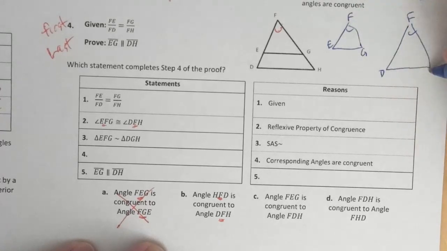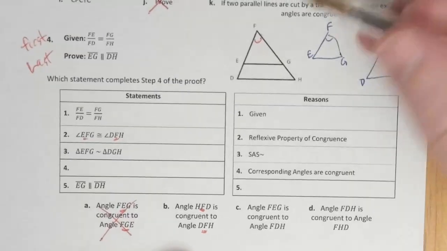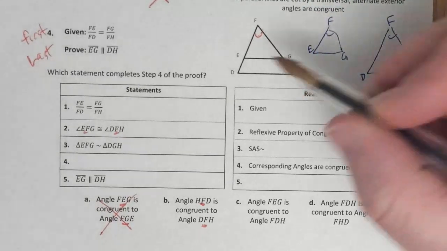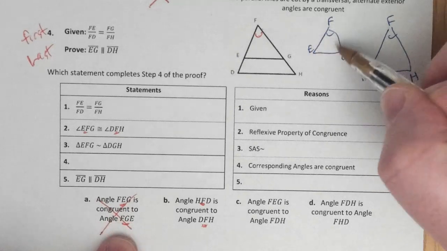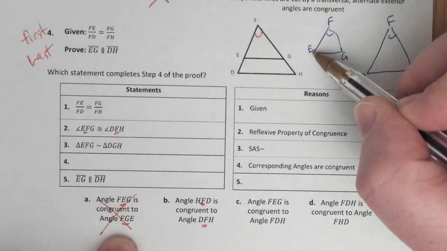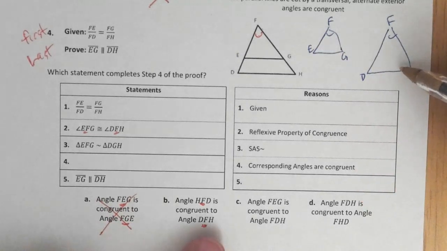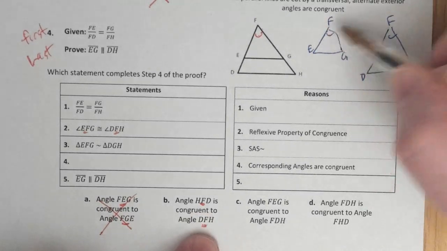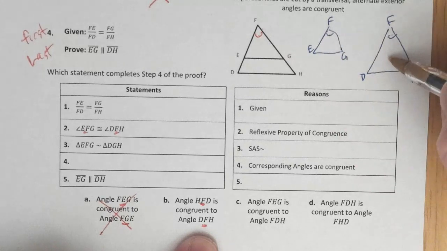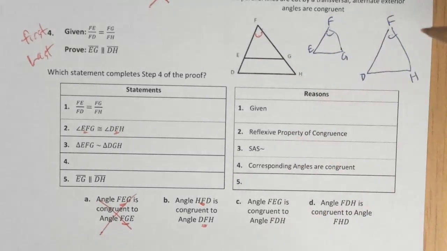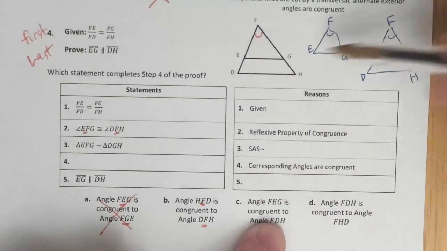This is D, F, H. So we're seeing which one of these is a copy-paste, like in the same positions. So the first one was, hey, does this equal this? Well, no, that's not a copy and a paste onto the other triangle, so that doesn't work. F is equal to F. Well, we already had that, but that's not what we're looking for here. So that doesn't feel right because that was already labeled.